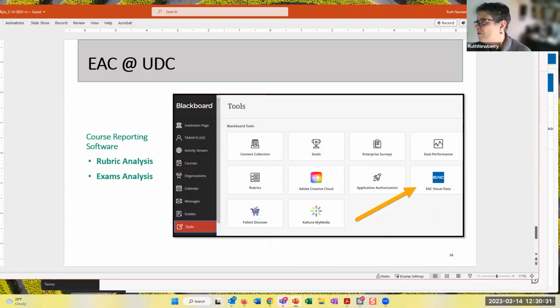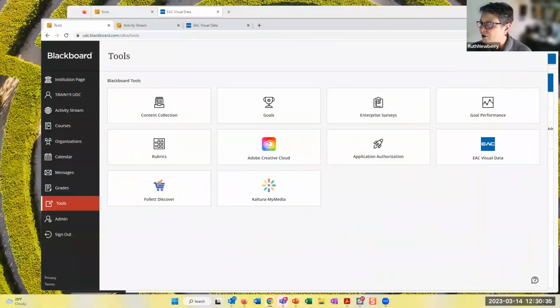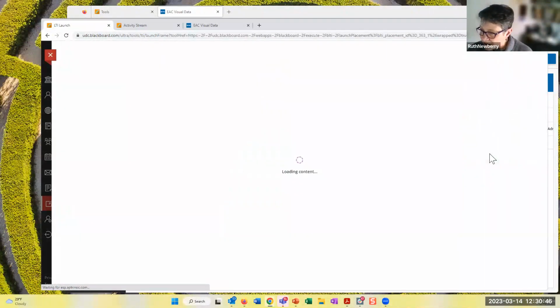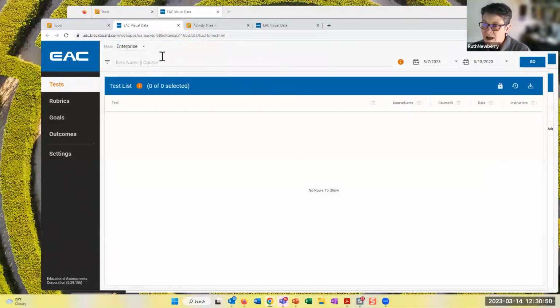So if I minimize this now and jump over to your system, you can see in the tools area, I have this icon. And when I click on it, it's gonna open up and be ready for me to use.